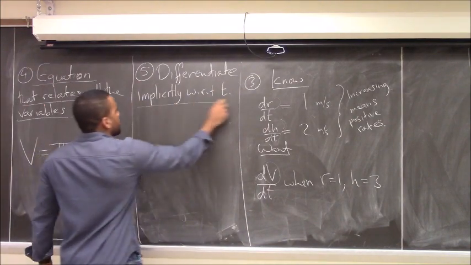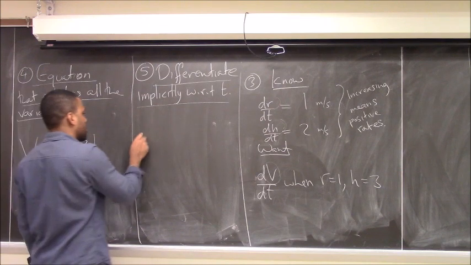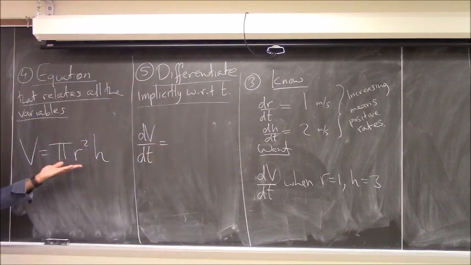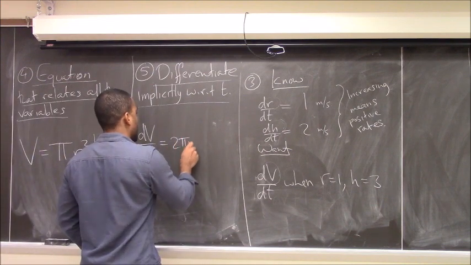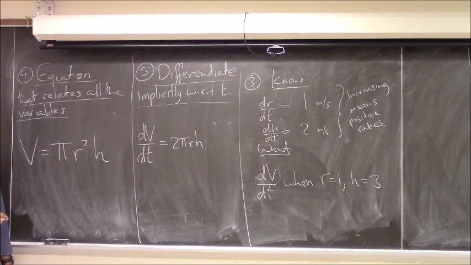Okay. So, how do I differentiate this? What's the derivative of v with respect to t? dv dt. How do I differentiate this? 2 pi r dr dt, right?